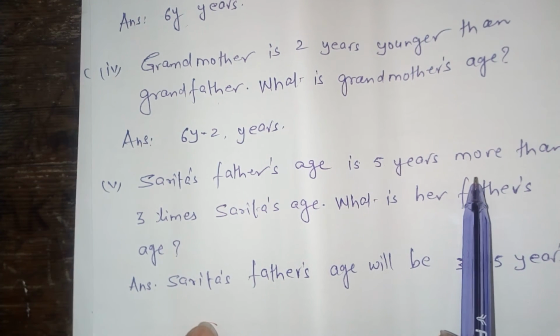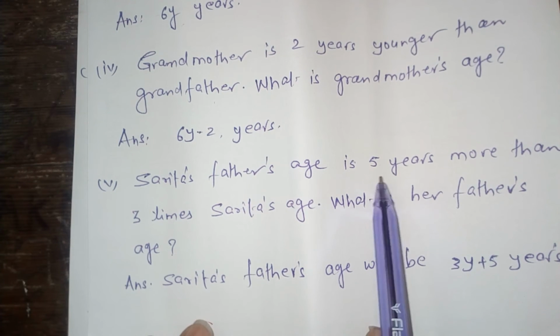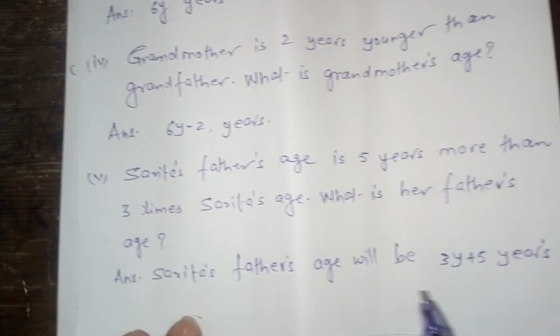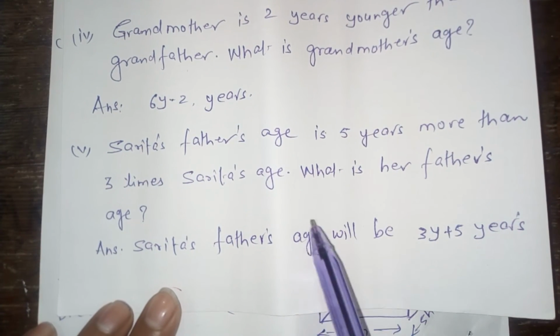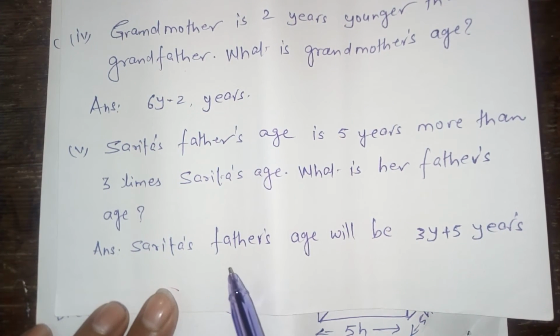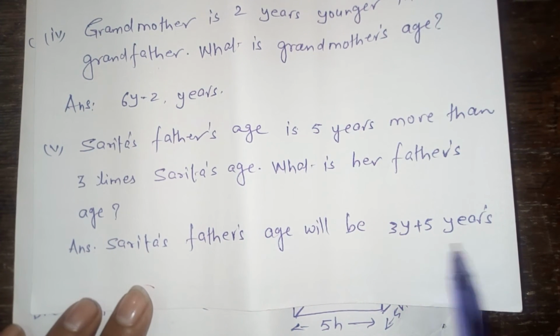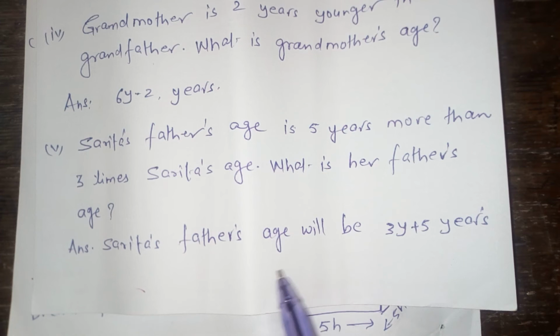More than means we can take the plus sign. 5 years more than 3 times Sarita's age. So Sarita's father's age will be 3y plus 5 years.